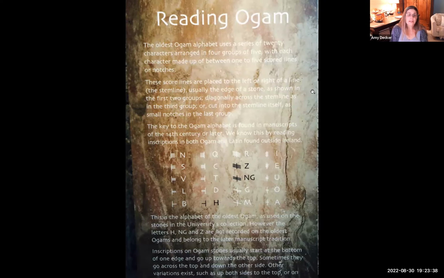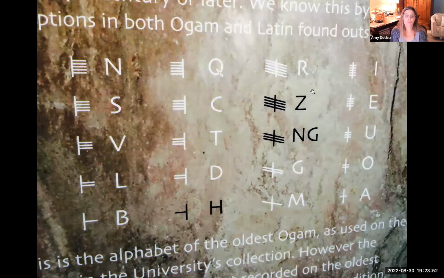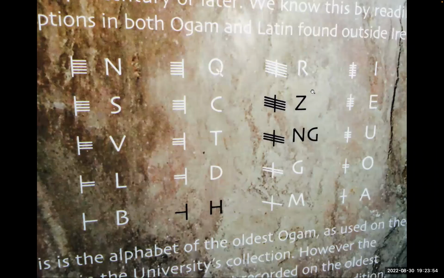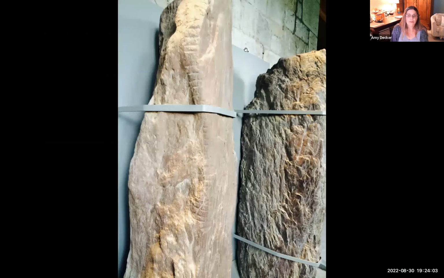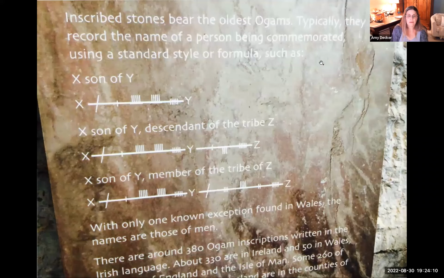These are considered an alphabet, using 20 characters arranged in 4 groups of 5, with each character made up of between 1 to 5 scored lines or notches. They've decoded the system and assigned a letter to each of these notches. And here are the stones again with these notches along the stem line. You can see them as you look at each one, if you look closely.